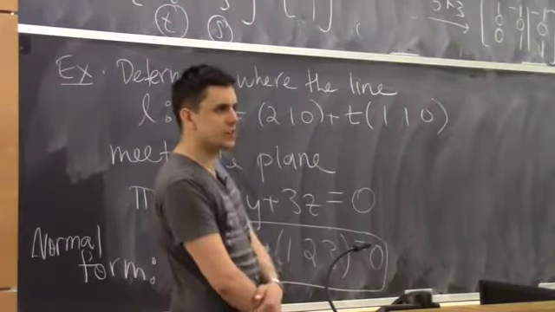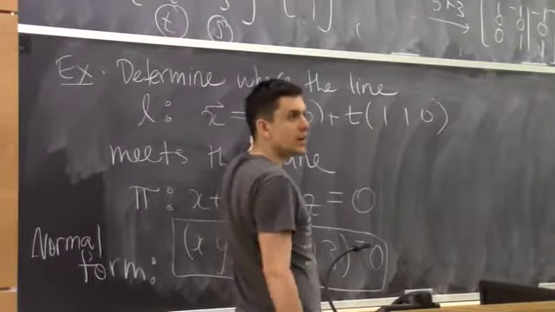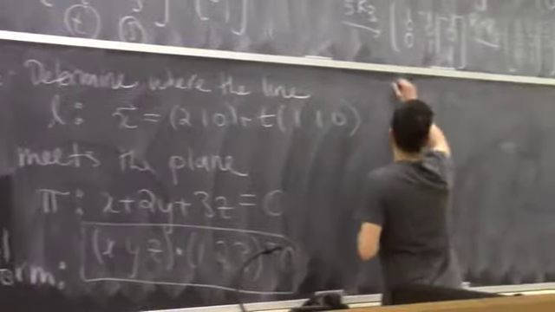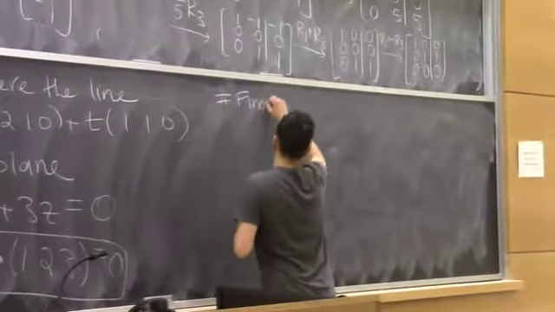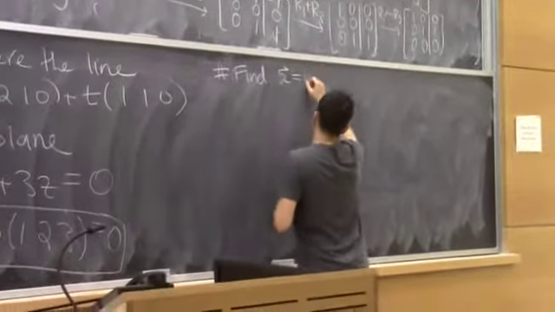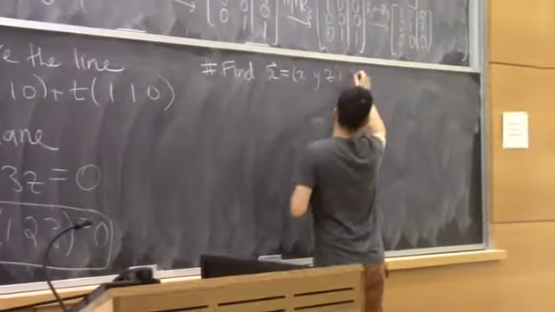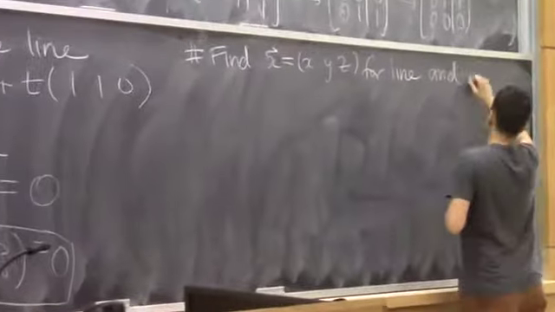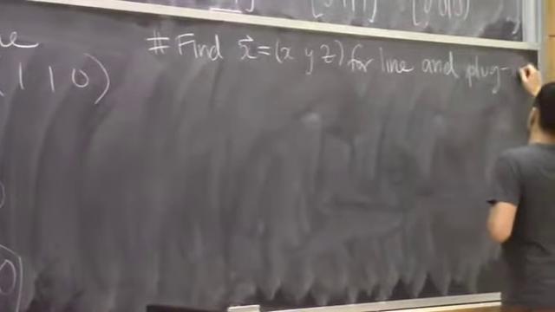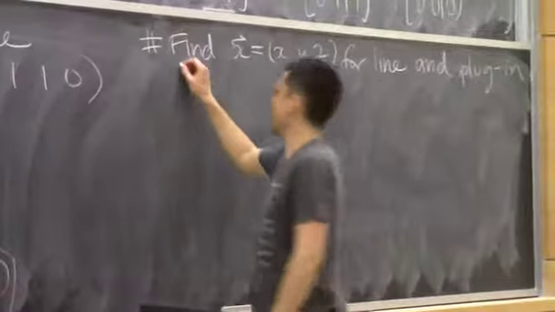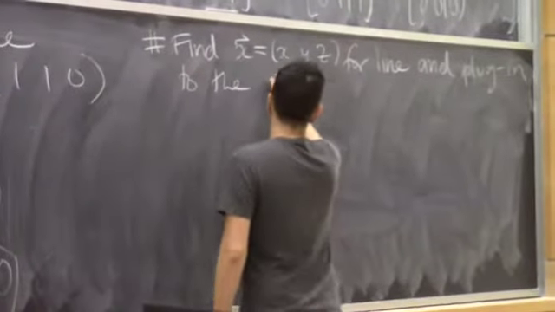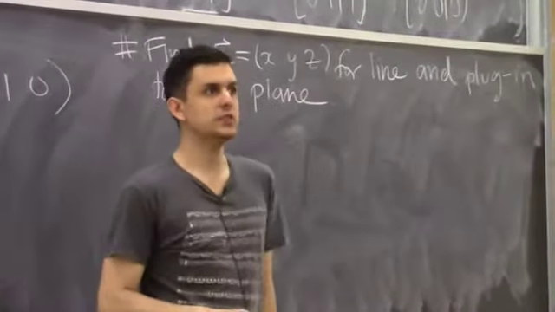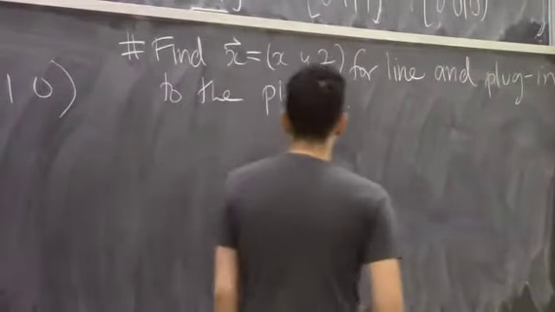Yeah, let's do that. We've got the parametric equation here. Let's find the x, y, z and plug them in. So we'll find x, y, and z for the line and then plug those in.